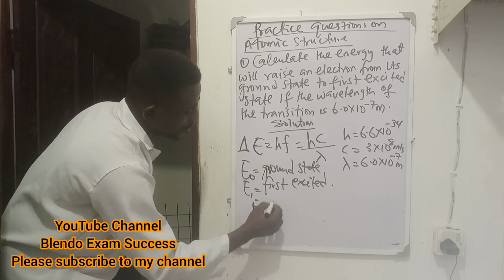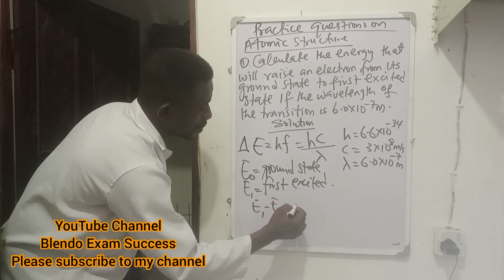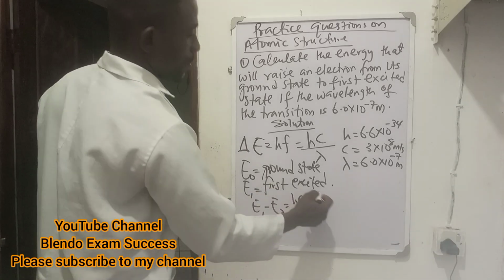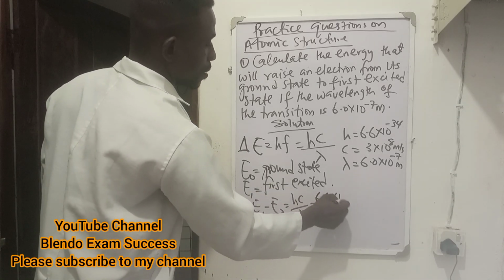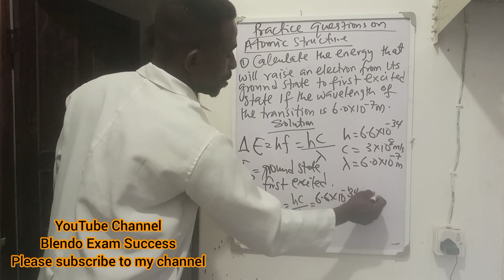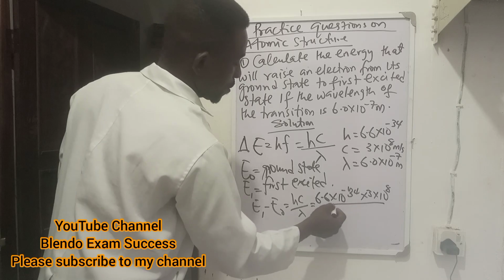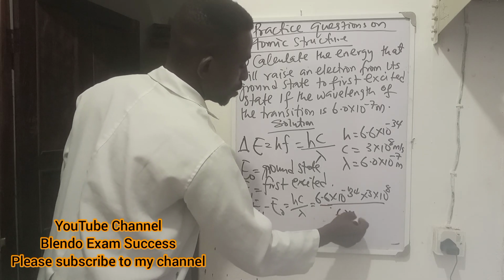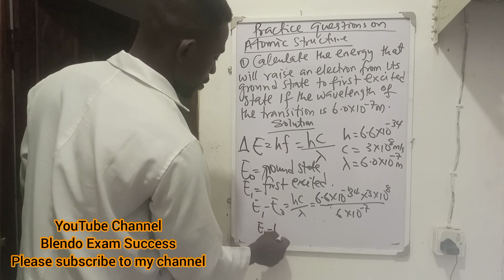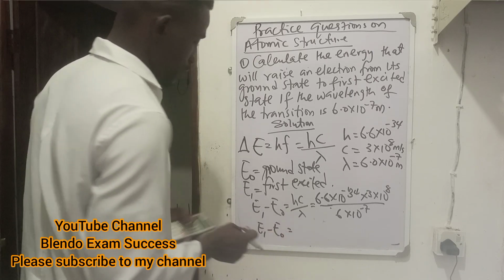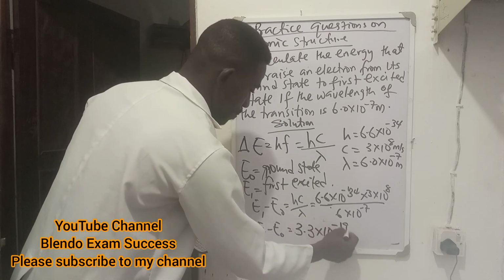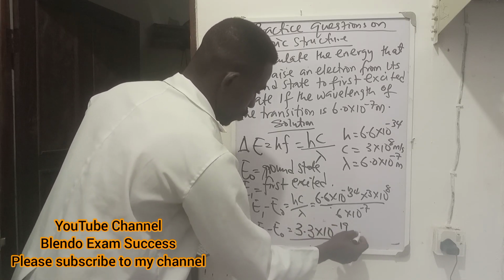So E1 minus E naught is equal to hc over lambda, which is 6.6 times 10 raised to the power minus 34 multiplied by 3 times 10 raised to the power 8 over 6 times 10 raised to the power minus 7. So E1 minus E naught is equal to 3.3 times 10 raised to the power minus 19 joules.